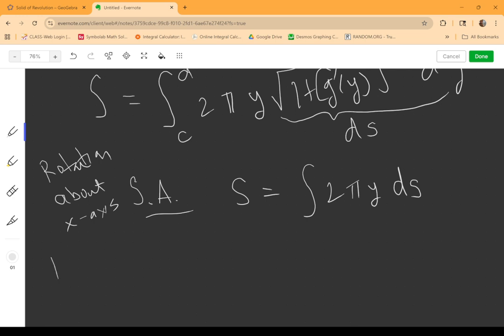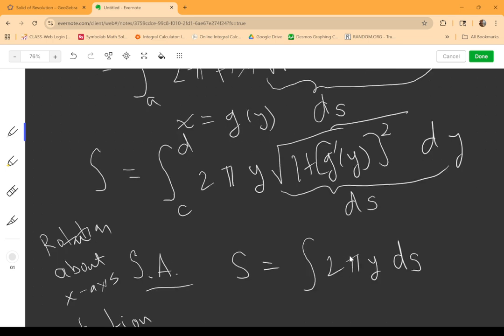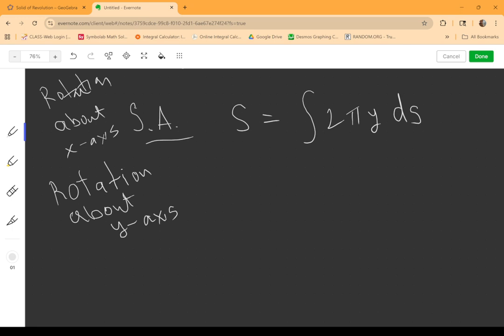For rotation about the y-axis, we will use 2 pi x ds, where ds would take on the form of the same as above.